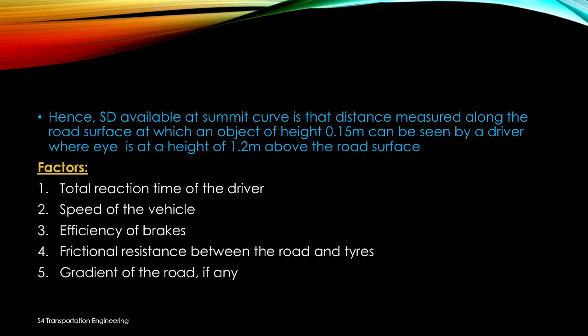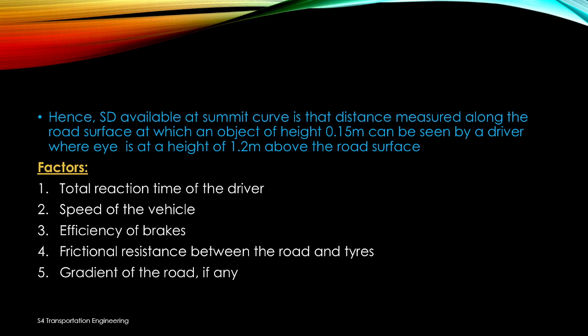Based on that, we can say that the sight distance available at a summit curve is that distance measured along the road surface at which an object of height 0.15 meter can be seen by a driver whose eye is at a height of 1.2 meter above the road surface. This definition is provided by IRC, that is Indian Roads Congress, thereby we can design different aspects of a highway.